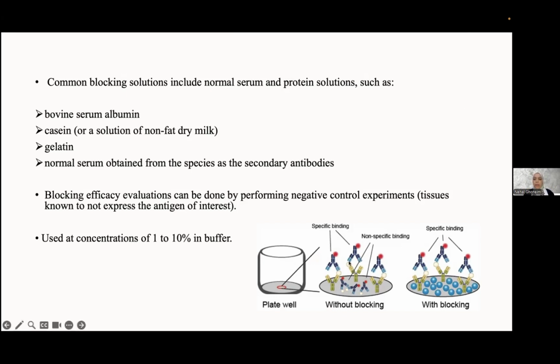As we can see in the figure below, non-specific binding can occur without blocking, but after blocking, the bovine serum albumin blocks the non-specific sites to keep our antibodies binding only to the protein of interest. The blocking step usually takes 30 minutes to 1 hour at room temperature.